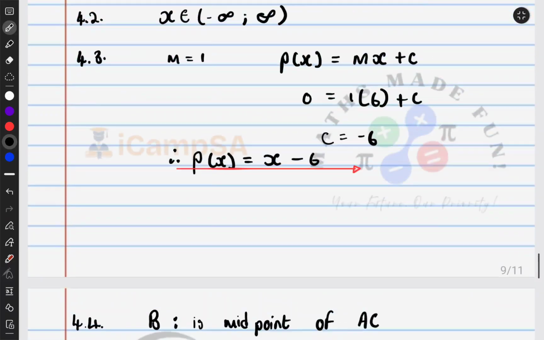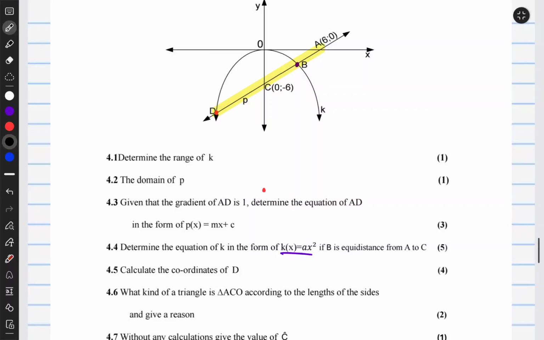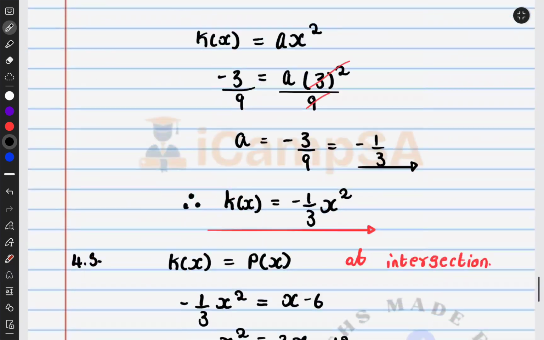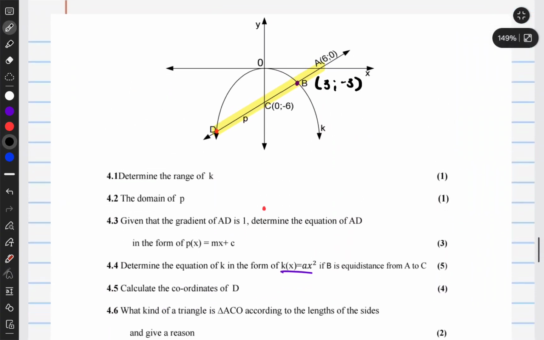Just by observation of our graph, we can see that x equal to 3 is for B, because B is 3 and negative 3. So the x coordinate of D will go with negative 6. Negative 6 is also to the left of the y-axis. So D is negative 6.